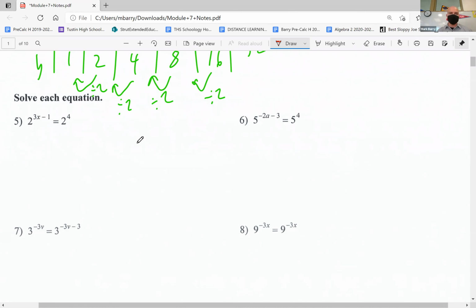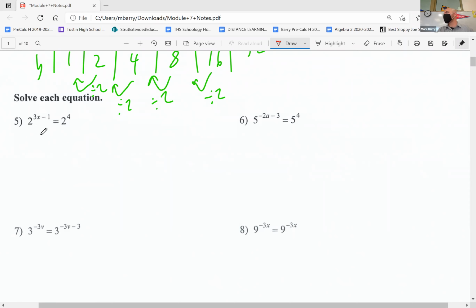We're solving equations. So the big thing I want to get across here is the idea of balance, okay? An equation means this side should balance out with that side.